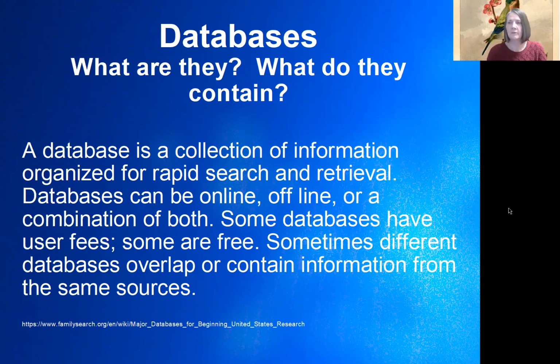For example, a lot of the databases that are online for genealogy have the same information and even the same images that Family Search has because of various reasons, they've shared them or gotten them in other ways. So they may overlap.